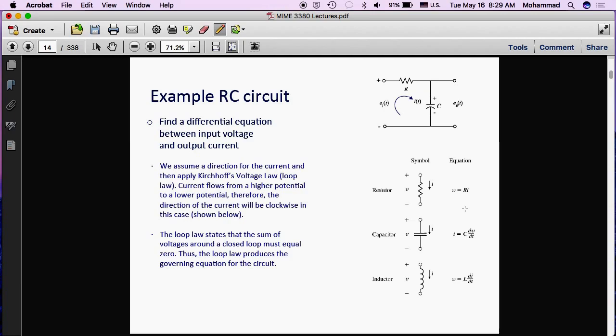So based on what you see on the board, which is the relationship between voltage and current, is a resistor a dynamic system? In other words, would there be a delay between the time you turn on the switch, so the voltage is applied, which is the input, and the time that you would read your current?